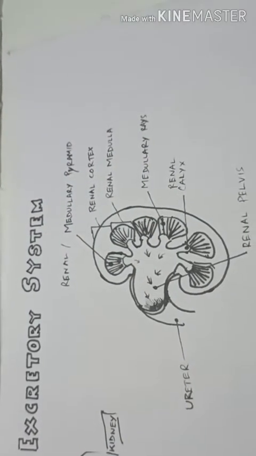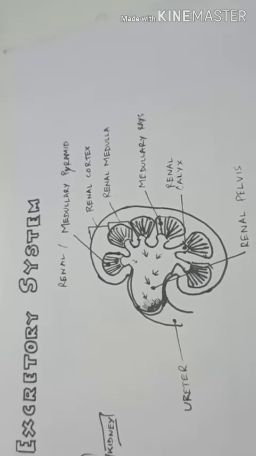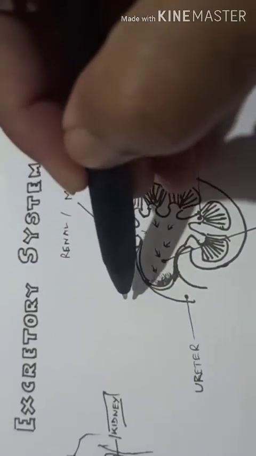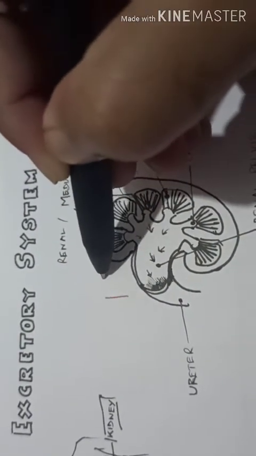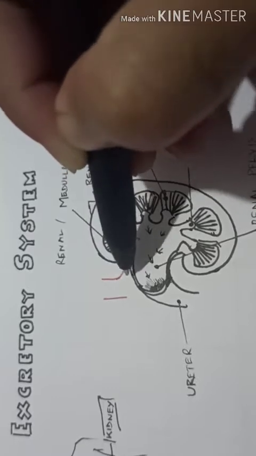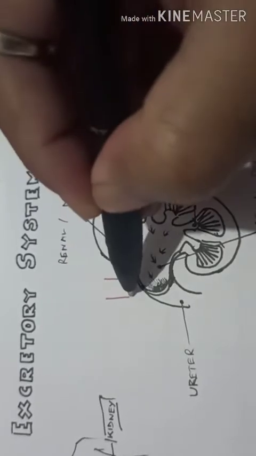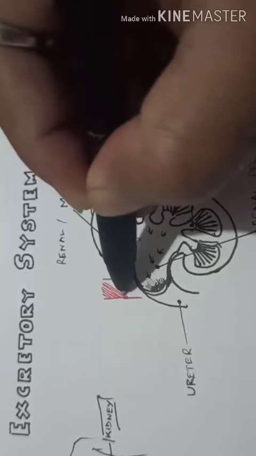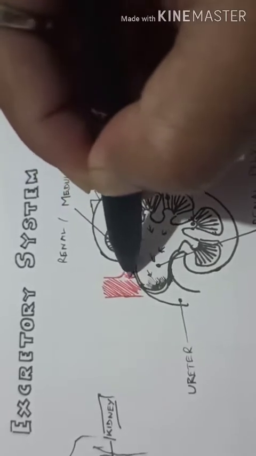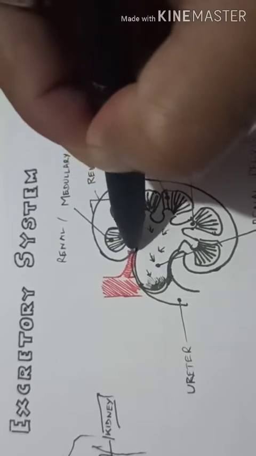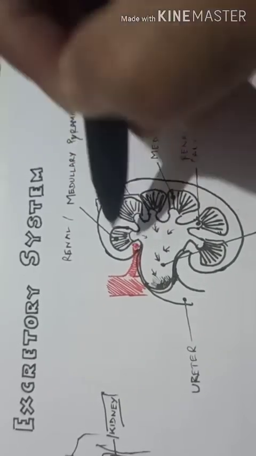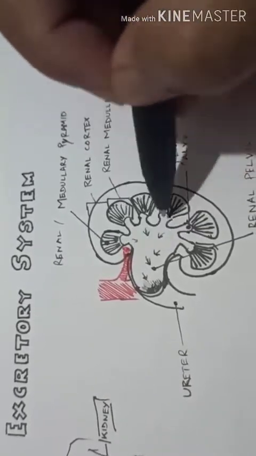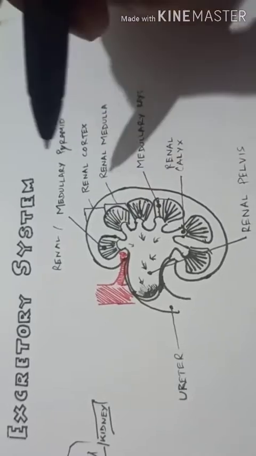And right there, if I overlap this entire structure, you are going to find that in this region the arteries and the vein are entering. The artery, this is going to be the aorta, and this is the artery that is going inside, which will branch out into every portion of the kidney.